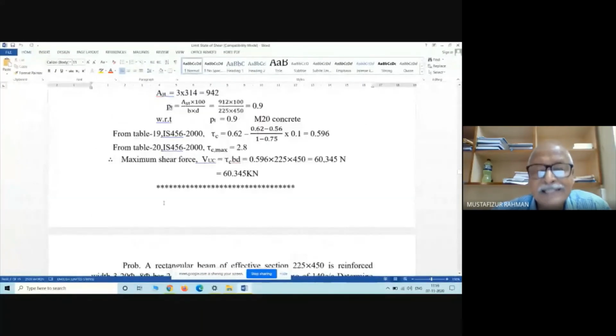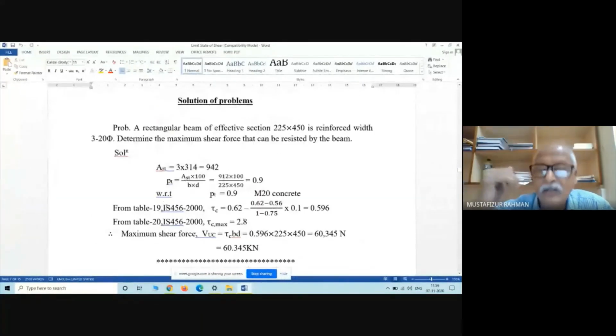Now, let us take a simple problem. A rectangular beam of effective section 225 by 450 is reinforced with 3 numbers of 20 Tor. Try to remember this. Determine the maximum shear force that can be resisted by the beam.